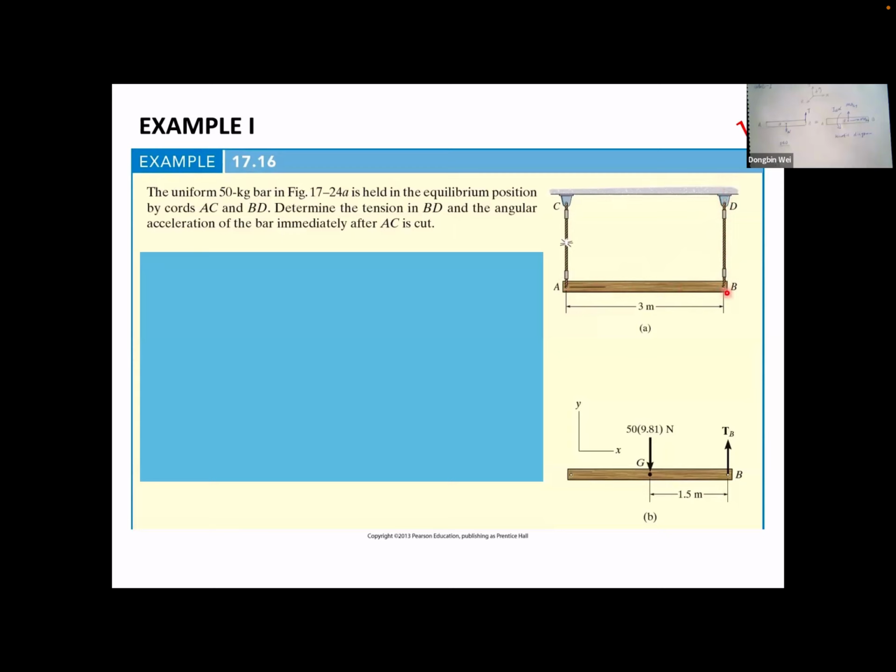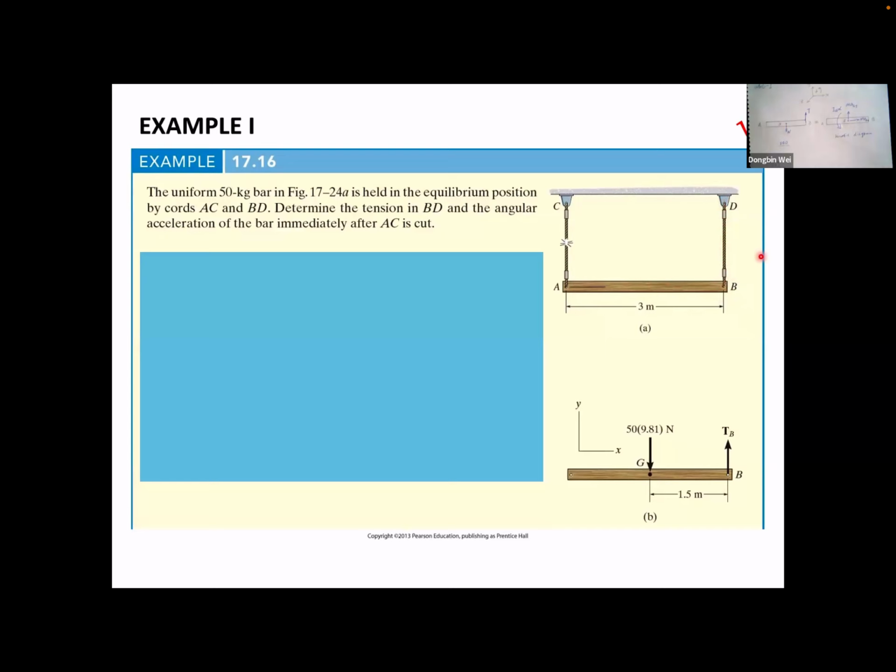So this means ABY on this bar AB should be equal to ABN on this cord. Okay, because B is the connection point between this cord and the bar. So the acceleration ABY should be equal to ABN on this cord BD.